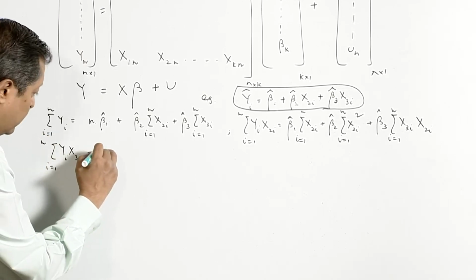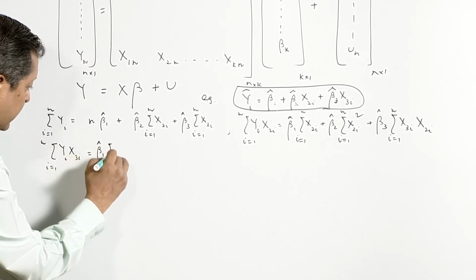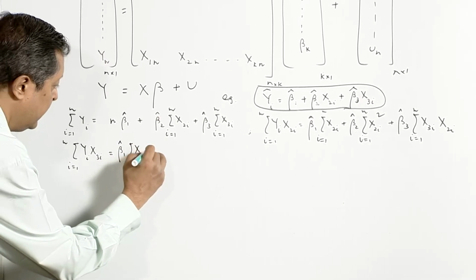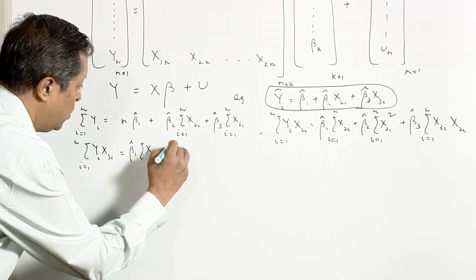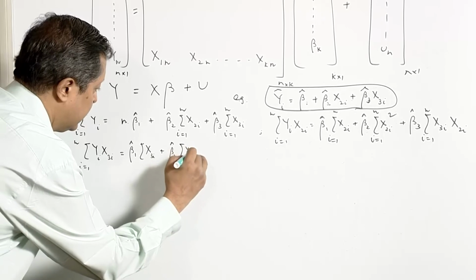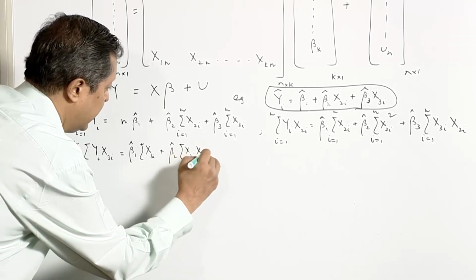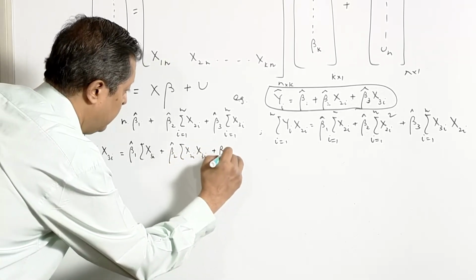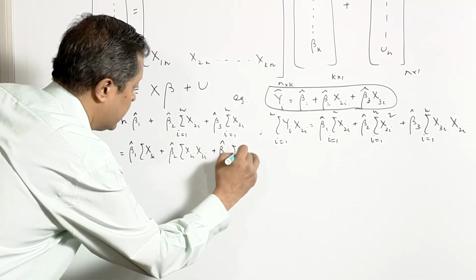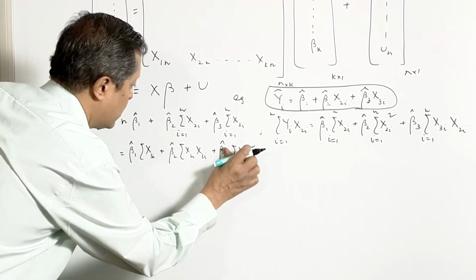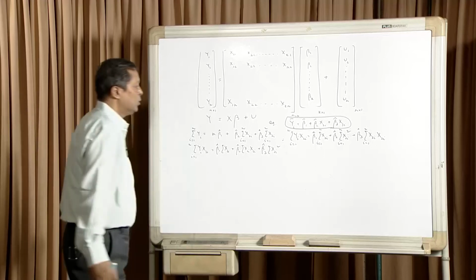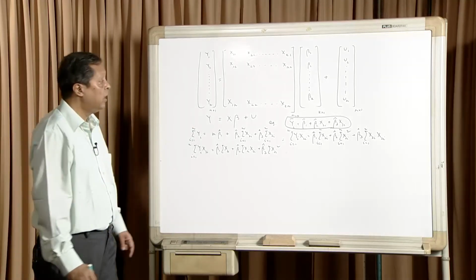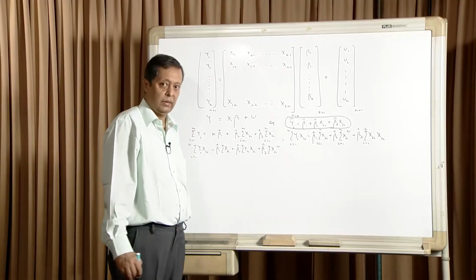So, the first one will be beta 1 hat summation x3i, the second one will be beta 2 hat summation x2i x3i, and the third one will be beta 3 hat summation x3i square. Now, these equations are called normal equations.